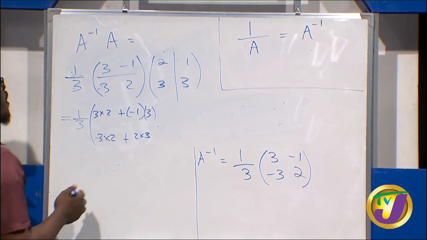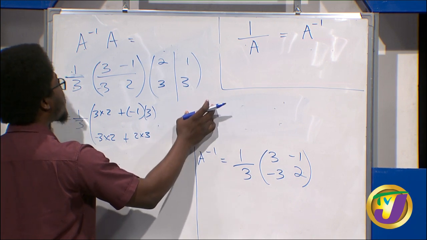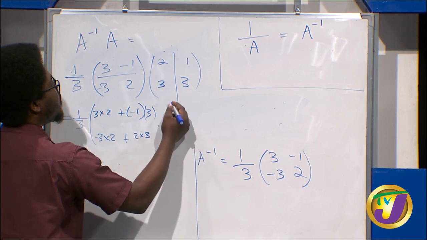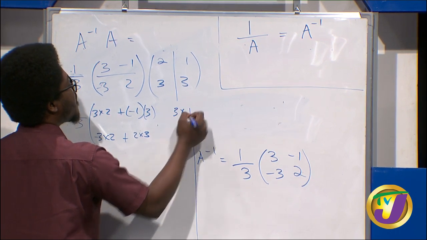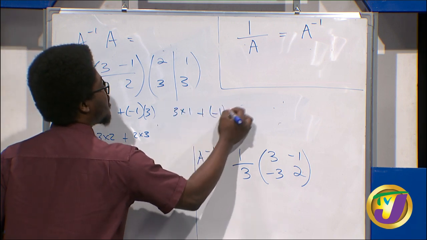All right, good. And then to get the element in the first row, second column, I'm now going to multiply row 1 by column 2 to get 3 multiplied by 1 plus -1 times 3.